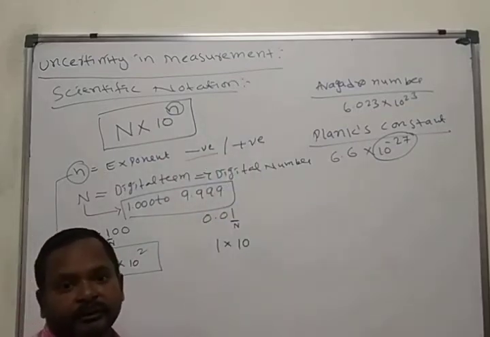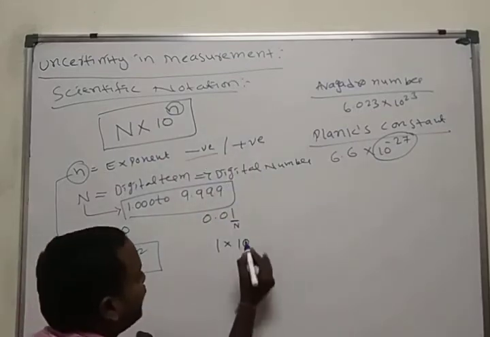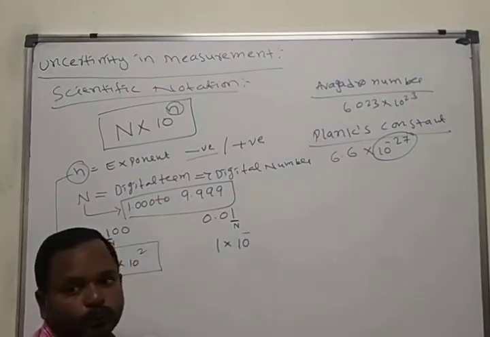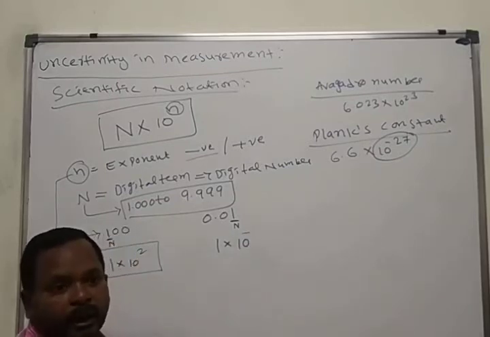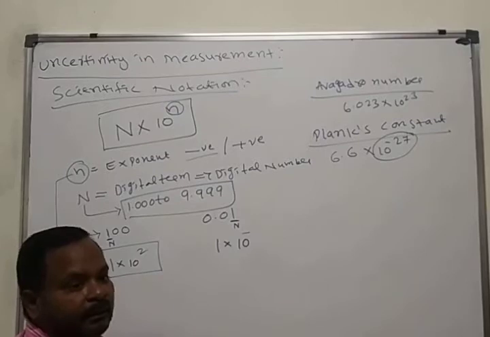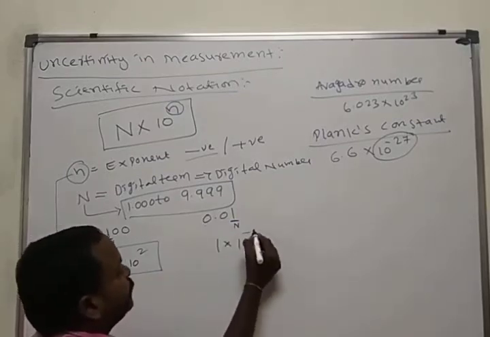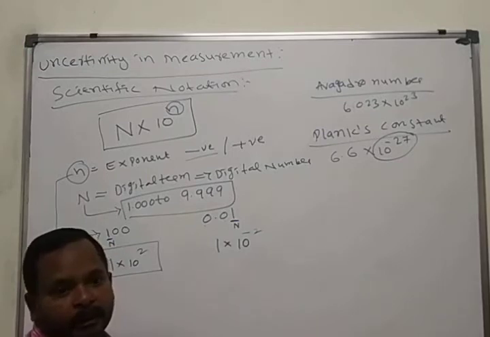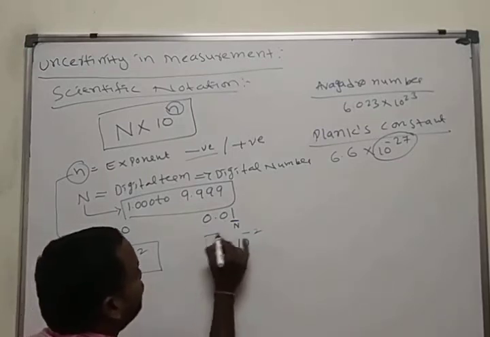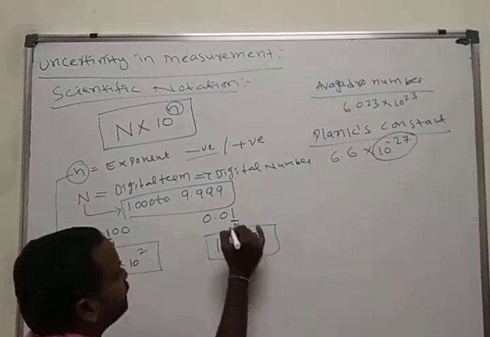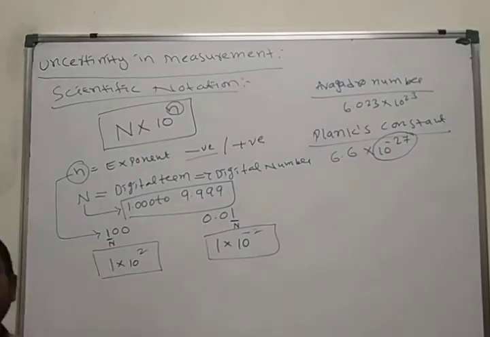Here write negative. How many zeros are there? 1, 2 zeros, so you write 2 here. The scientific notation form of 0.01 is 1 into 10 to the power of minus 2.